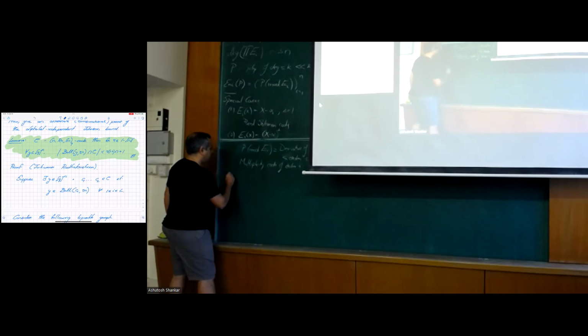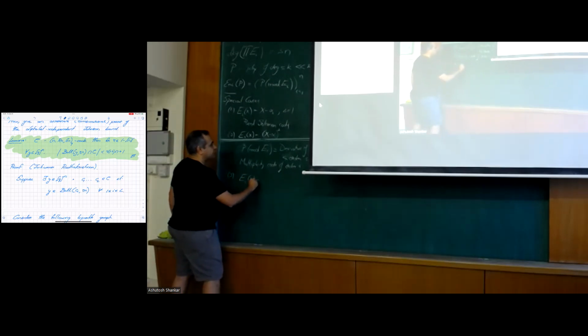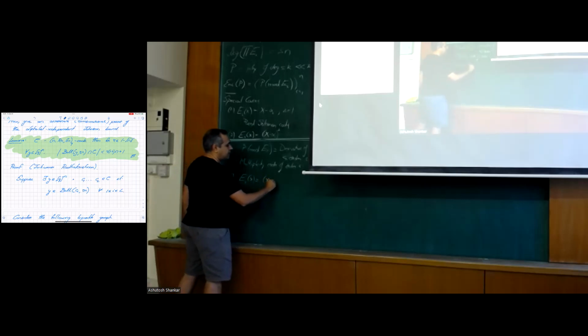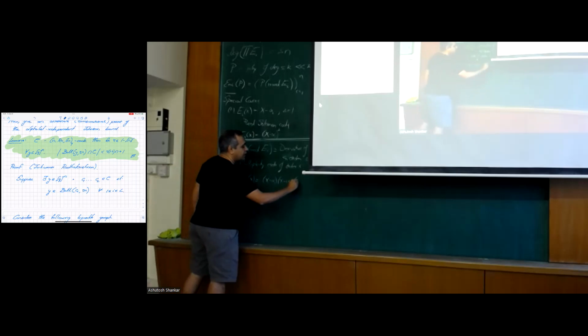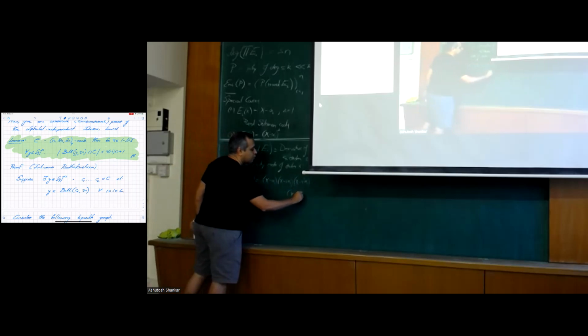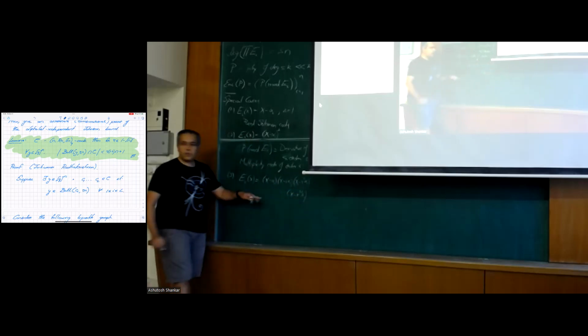The third example was when Ei(x) is (x minus alpha i)(x minus gamma alpha i)(x minus gamma squared alpha i), all the way up to x minus gamma to the power s minus 1 times alpha i, where gamma is some generator.